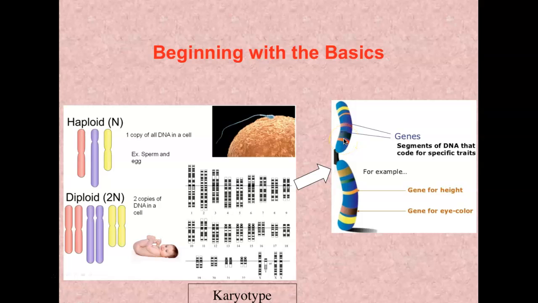Each one of these genes codes for a different trait. You're probably wondering, what's a trait? A trait, for example, would be height or eye color. So each one of these is a single chromosome, and those dashed lines are your genes, and those genes code for specific traits.